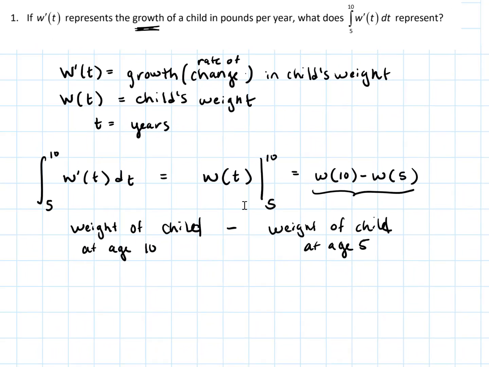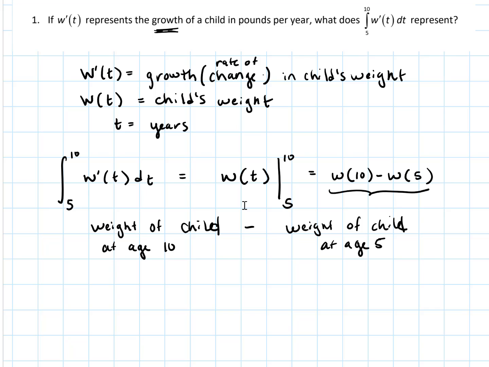It's the change in the weight. Now, of course, you don't have to write all this down. I just want to be really clear that we have context here. So what does this mean? It simply means that the integral from 5 to 10 of w prime of t dt represents the net change in the child's weight from year 5 to 10.